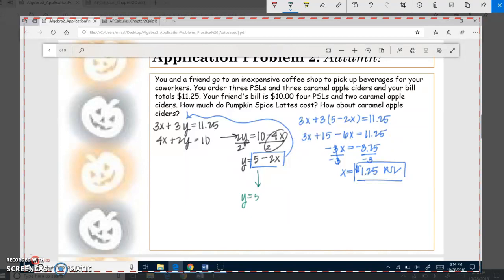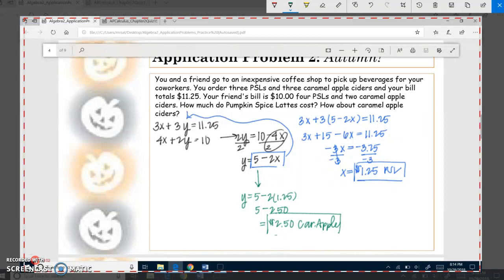So we'll have y is equal to 5 minus 2 times the quantity, $1.25, because that's what we found earlier for x. This will become 5 minus 2 times $1.25 is $2.50, and 5 minus $2.50 is equal to $2.50, for our other drink, the caramel apple ciders.